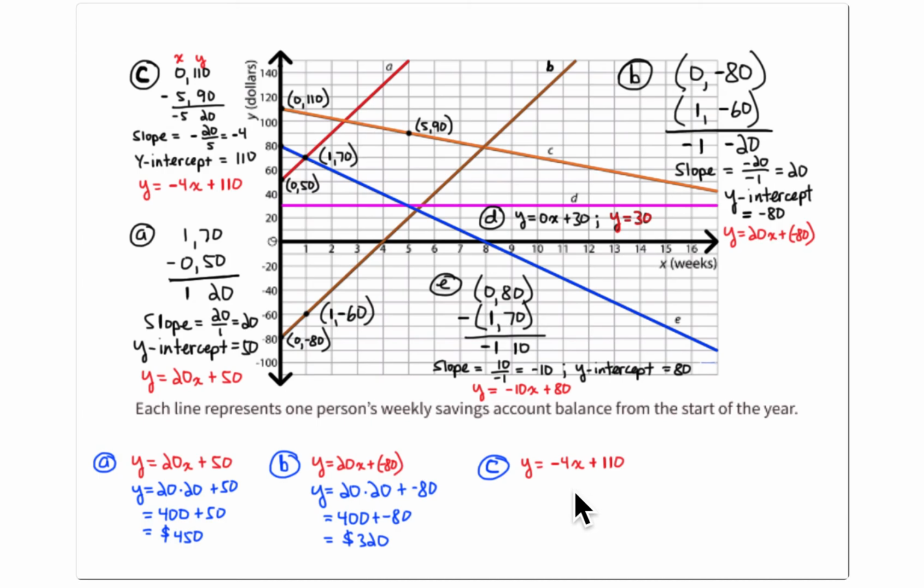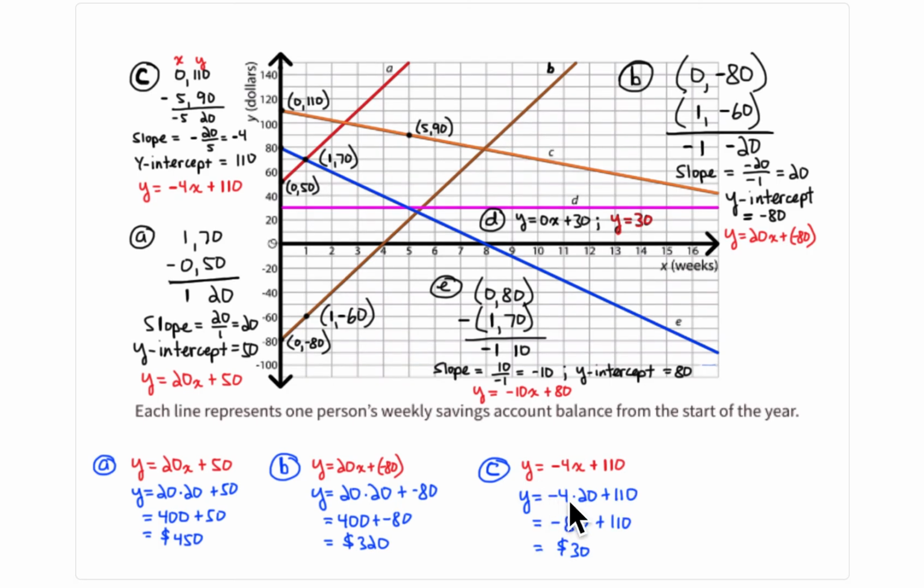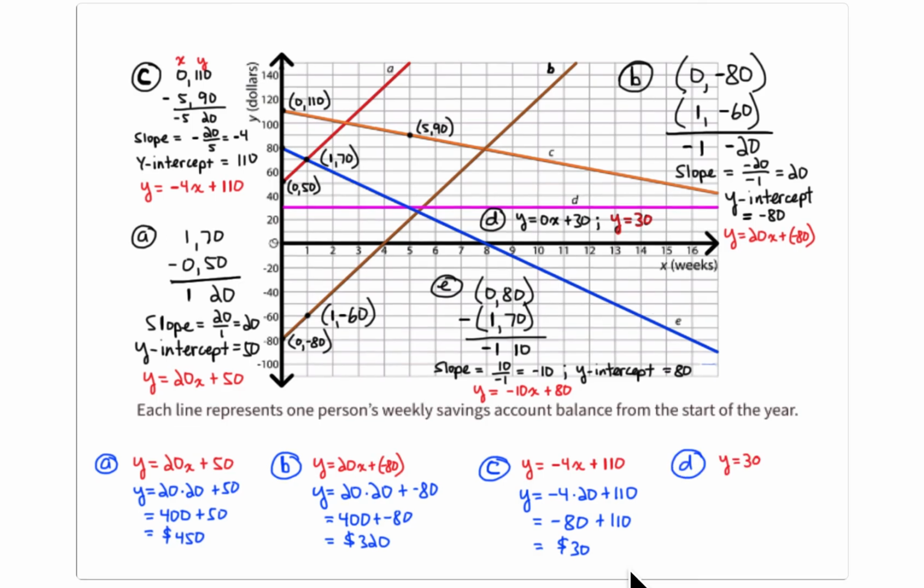So they either have to make more money or they have to spend less money. So y equals a negative 4 times 20, that's a negative 80. And they started out with $110, so that's right here, $110. And so you add those two together, 110 plus a negative 80 is a positive $30. So they still have $30 in their account after 20 weeks, but if they don't change, pretty soon they're going to be out of money.